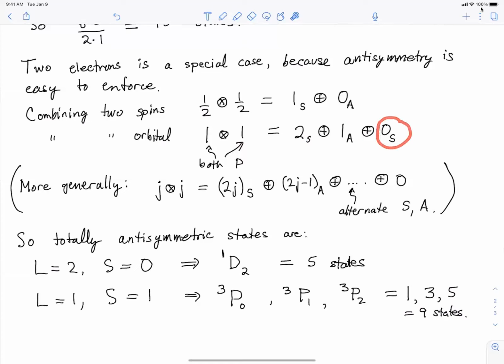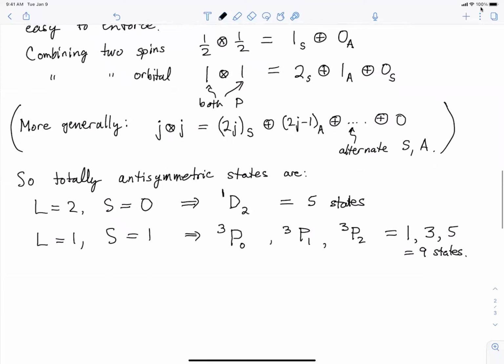That's symmetric, so the only thing you can choose is the spin, the total spin, to also be 0 to make it anti-symmetric. Okay, and so the last remaining state is L equals 0, S equals 0, which means 2S plus 1 is 1. L equals 0 means this is an S wave.